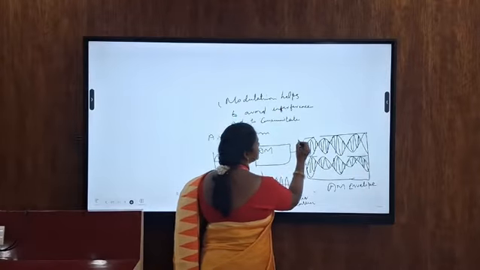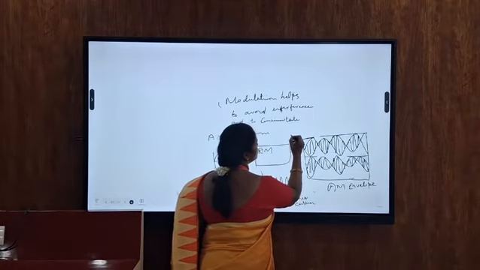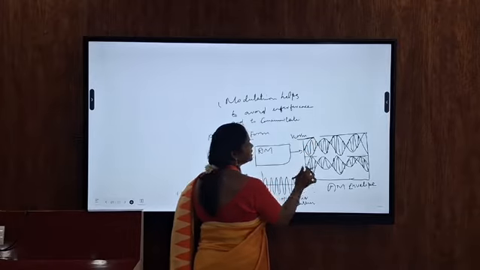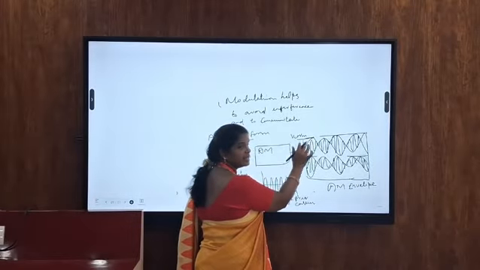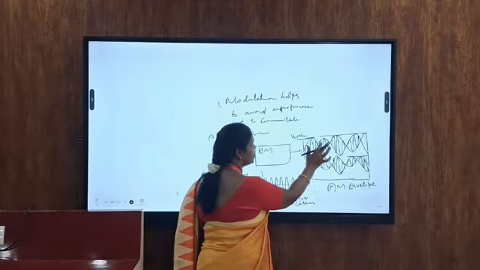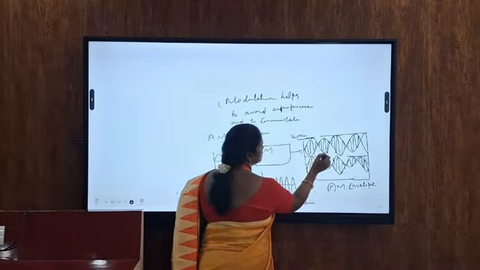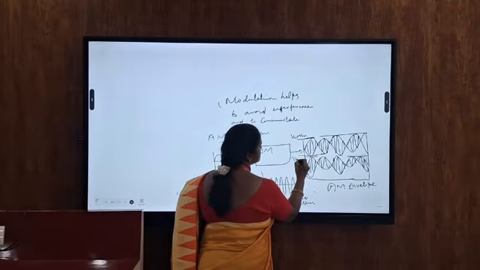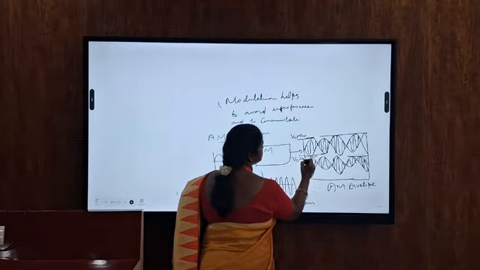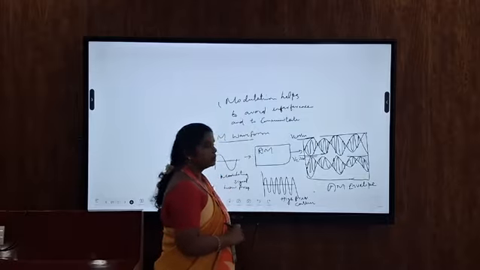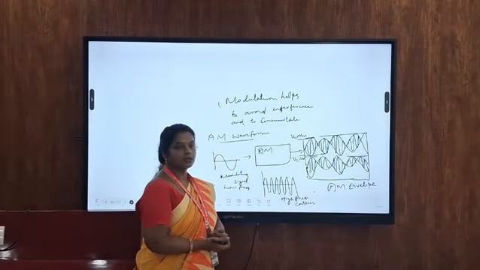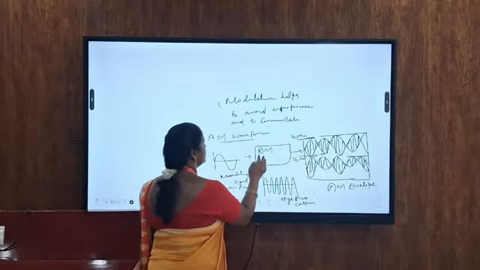The higher peak is always referred to as Ac plus Vm, which is the sum of the carrier amplitude and the message amplitude. The lower peak we call Ac minus Vm. Since it is a negative peak, this is how the amplitude modulation waveform looks.